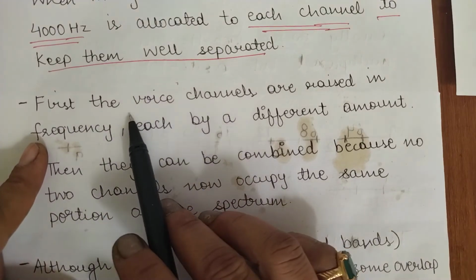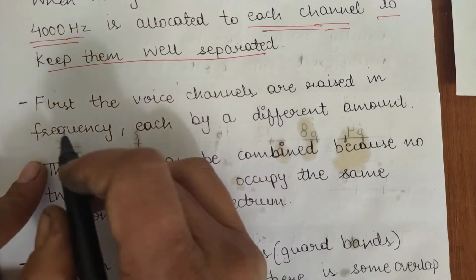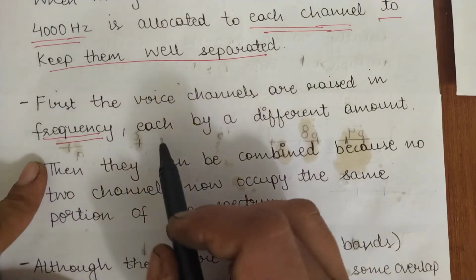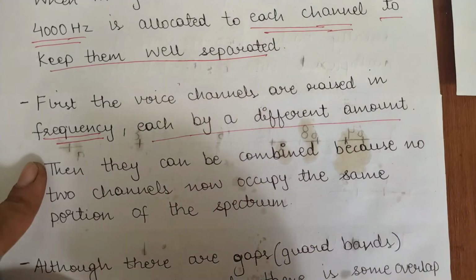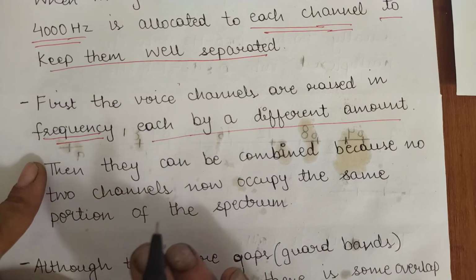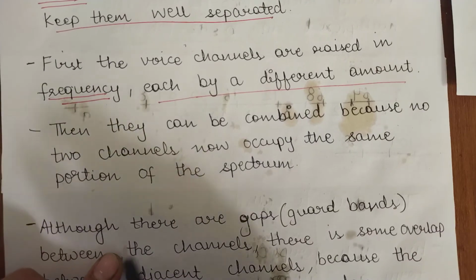Now first the voice channels are raised in frequency, right? The original frequency is raised first of all, and then obviously by a different amount so that they do not interfere with the other channel. So the frequency of all the voice channels is raised, but by different amounts so that they do not interfere with each other.